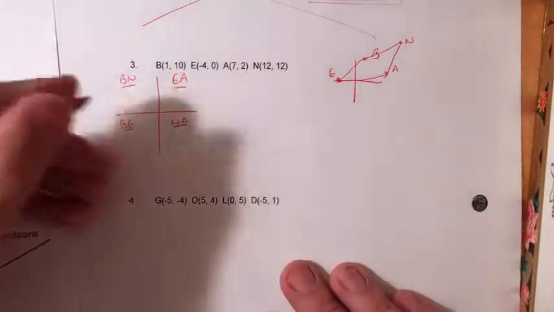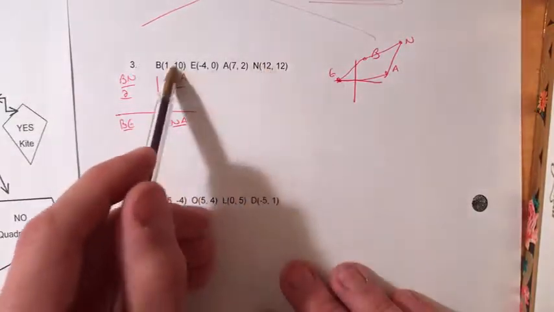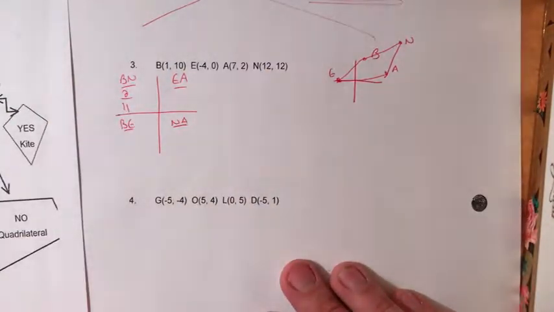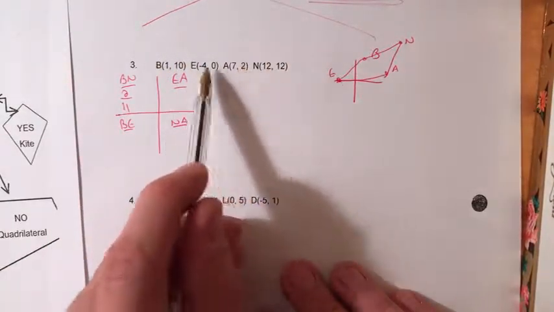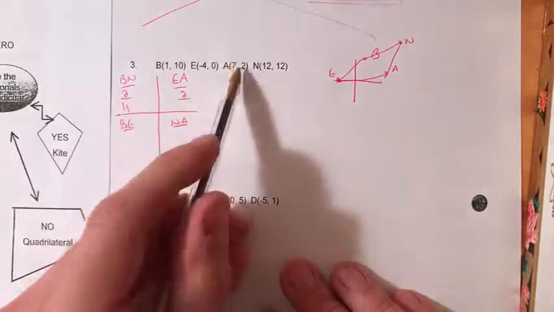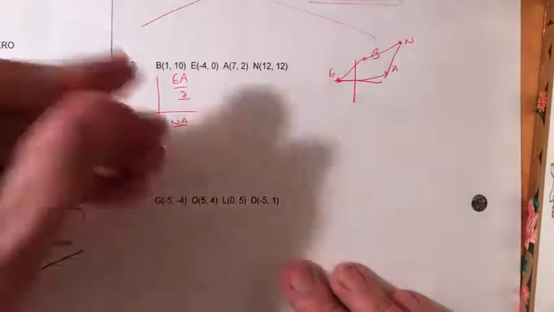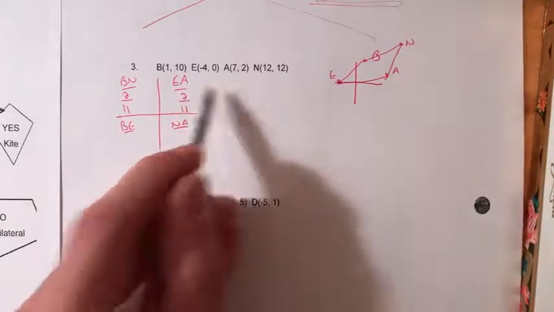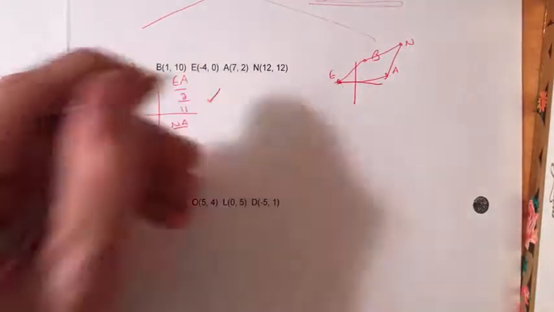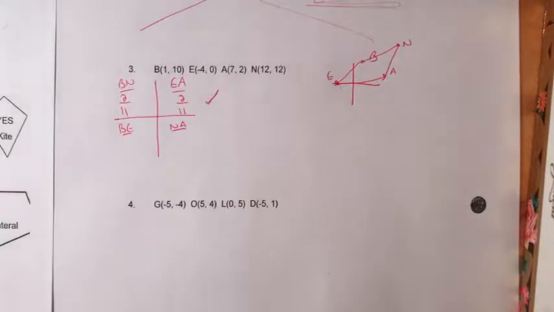BN: 12 minus 10, 2. 12 minus 1, 11. So I just did y2 minus y1 over x2 minus x1. EA: 2 minus 0 is 2. 7 minus a negative 4, positive 11. So I have 2 over 11, 2 over 11. They're parallel. I have at least one set as of right now.